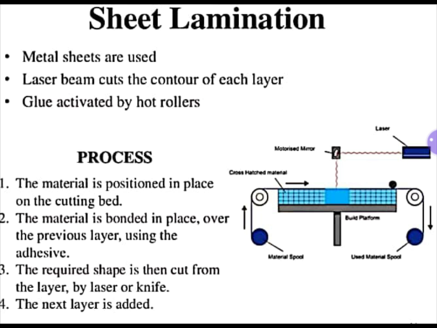These sheet materials are stacked on each other with the help of adhesive, or a number of sheets can be joined by the process of welding. So this is how we are going to get a 3D model in this sheet lamination technique.